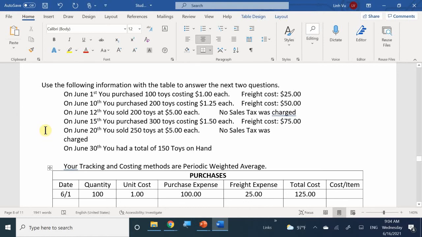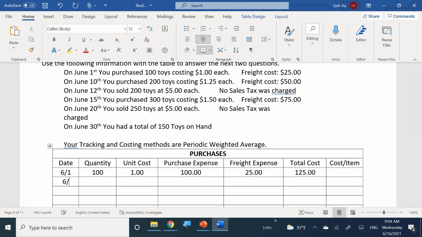Next thing here we have is going to be June 10. We purchased 200 items at $1.25 with the freight costing you $50.